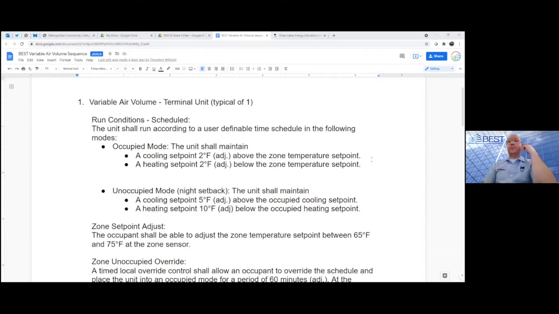So again, with the VAV box, we're at the end of the system where everything else affects what we're going to be working with.